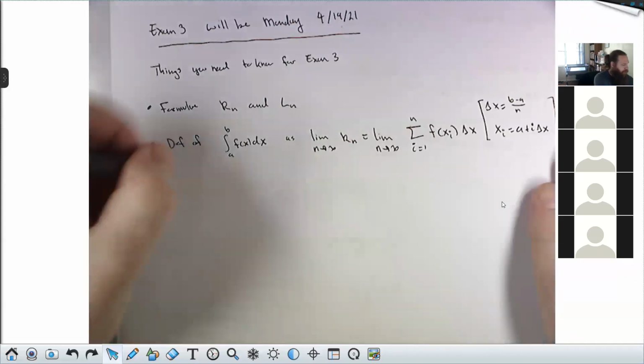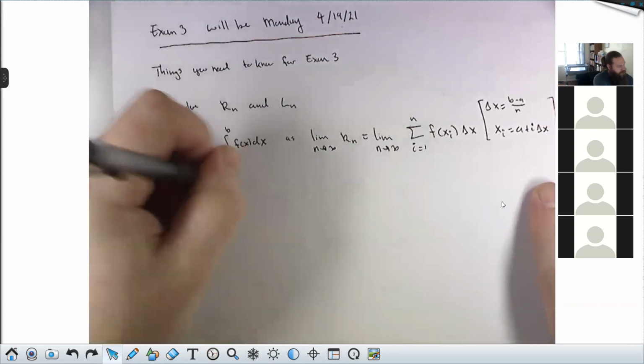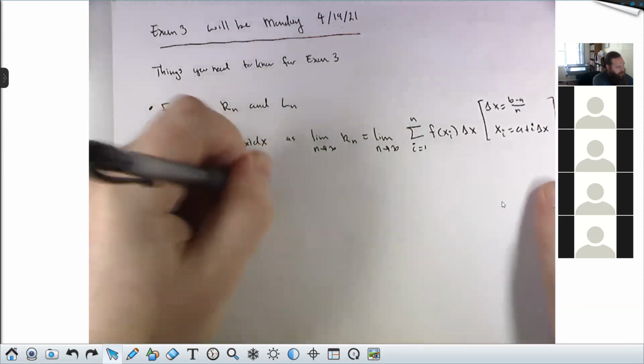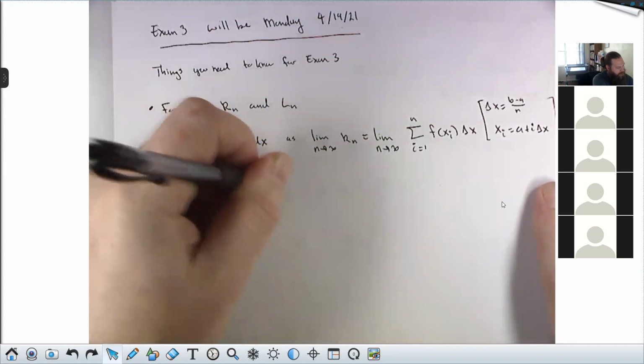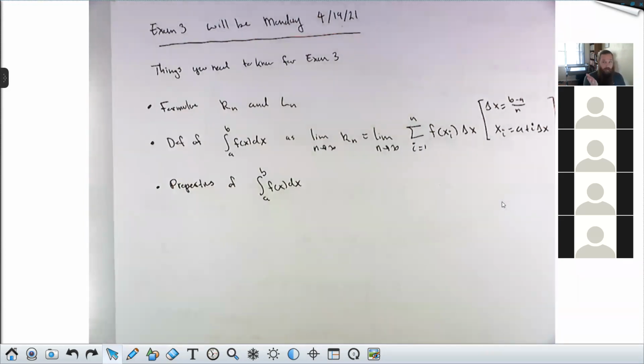You need to be comfortable with the properties of the definite integral. Those include linearity, the fact that you can split up in the middle, the integral from a to b being the negative of b to a, the even odd function stuff, all of those properties that we discussed of the definite integral.